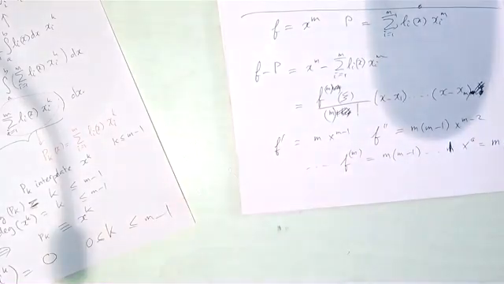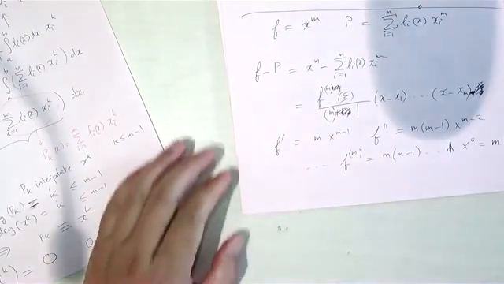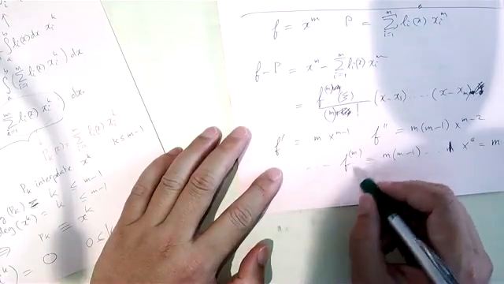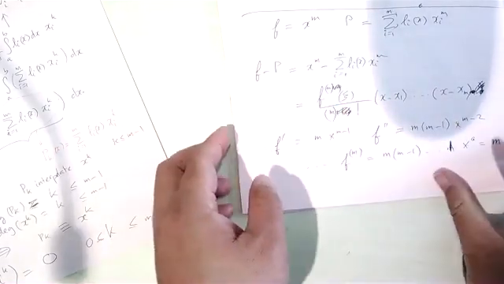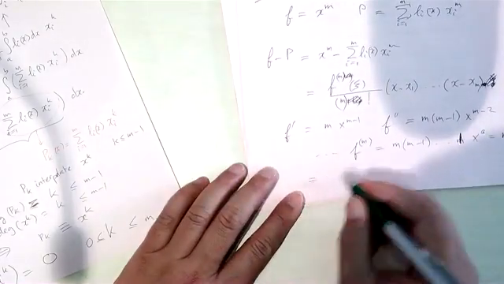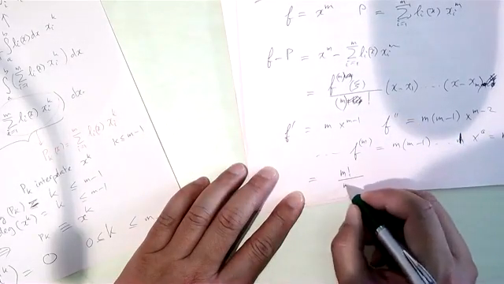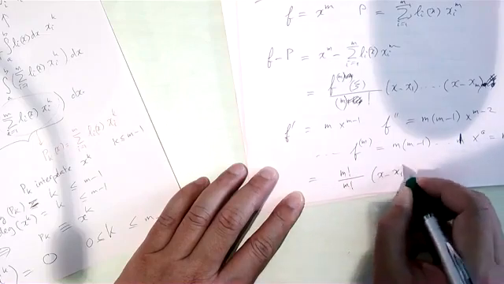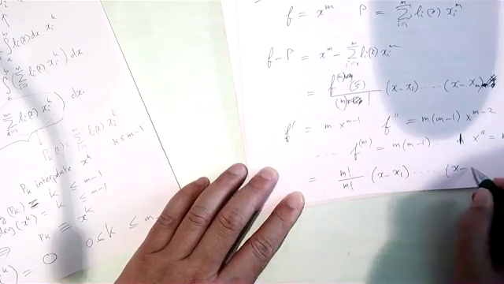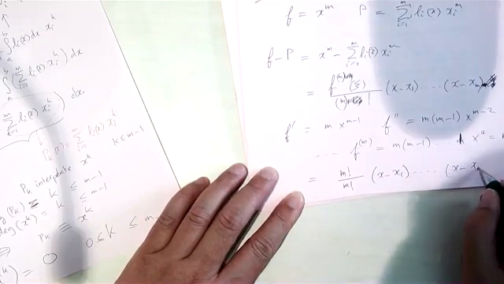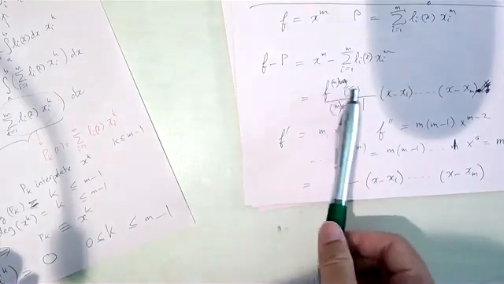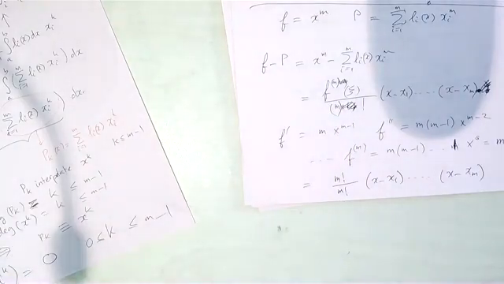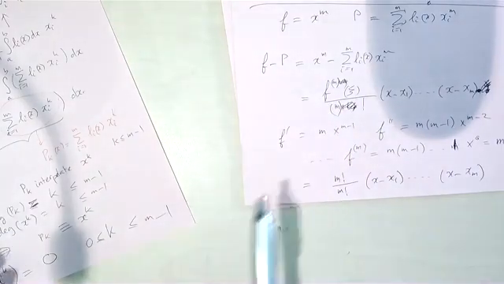So the m-th derivative is just m factorial. This gives you m factorial over m factorial times (x minus x1) ... (x minus xm). Because in the theorem we have m plus 1 points, but here we have only m points, so we have to adjust the number of points here.